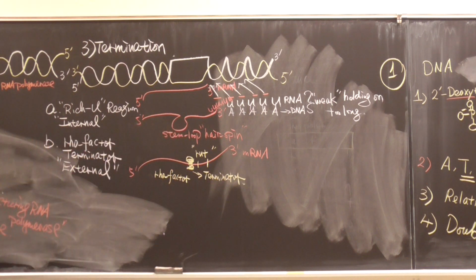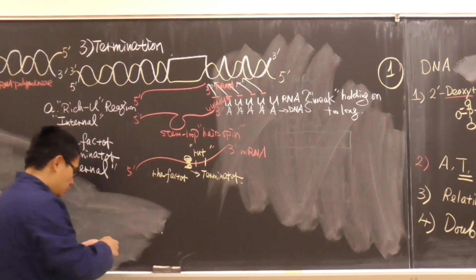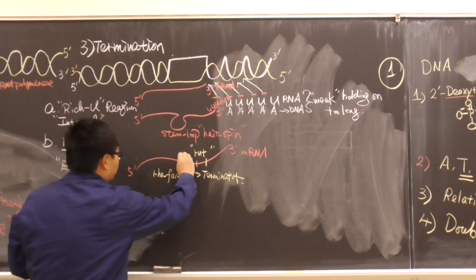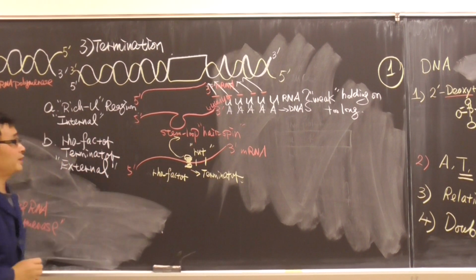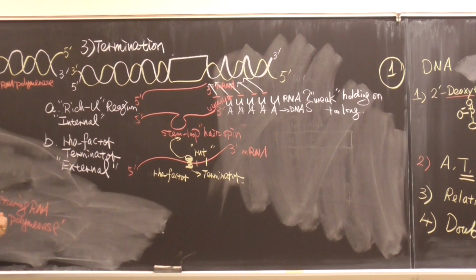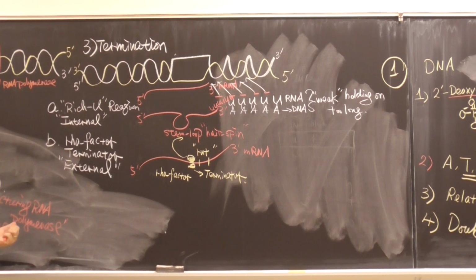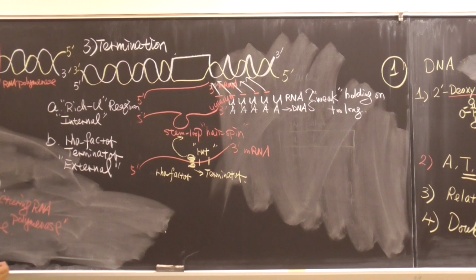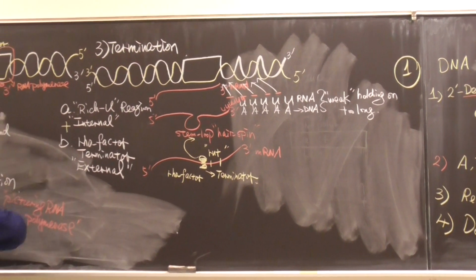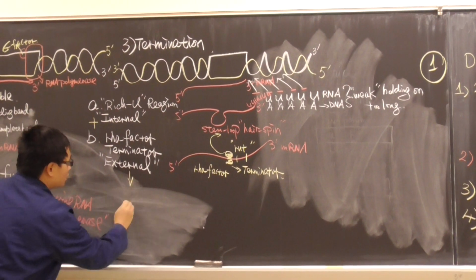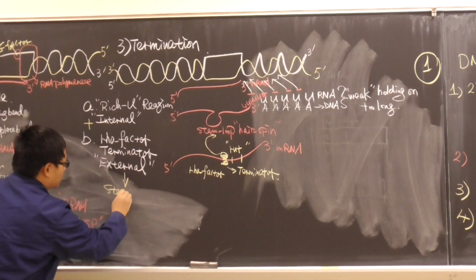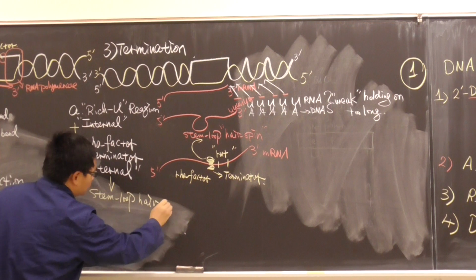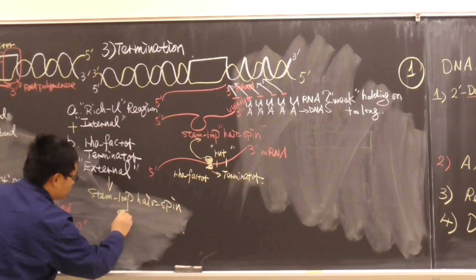Once the terminator happens, they also create the same stem loop hairpin structure. Then they stop transcription. So the same thing here. At the end of the day, these two mechanisms both come out with a stem loop hairpin structure.